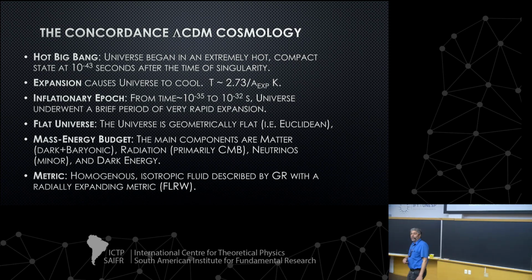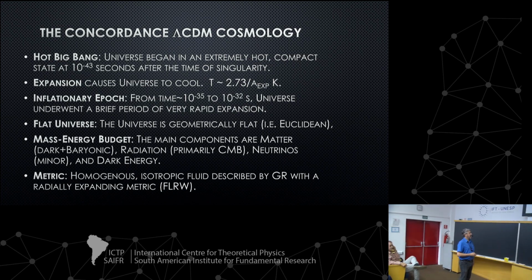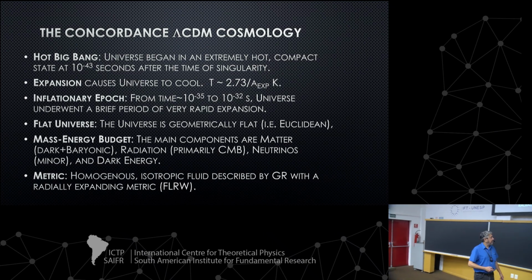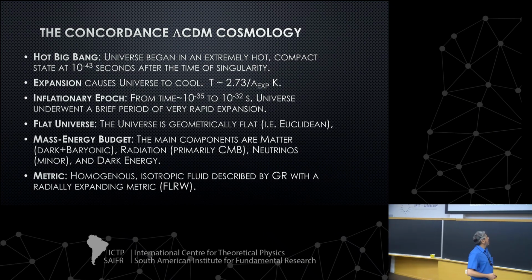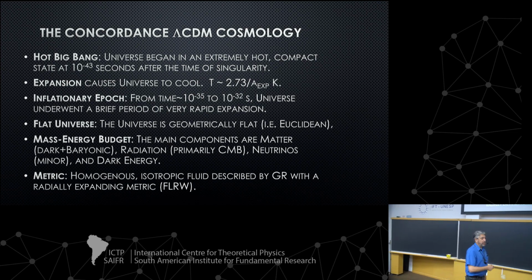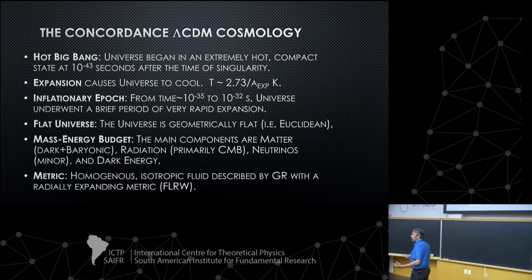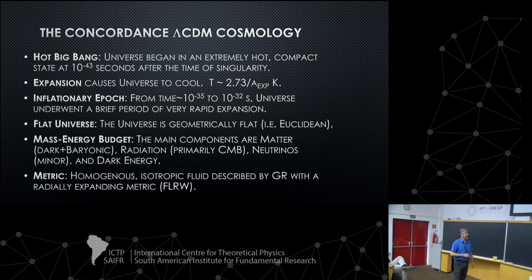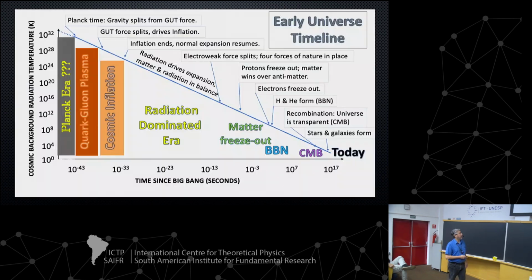And that's really what distinguishes one type from another. And then the whole thing is described by general relativity. Essentially, you have an isotropic homogeneous fluid in an expanding metric, and this is worked out by a number of authors, Friedman, Lemaitre, Robertson, Walker, in various forms, and provides a very good description of the universe on large scales.